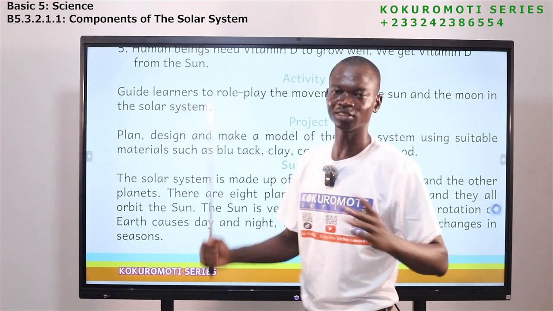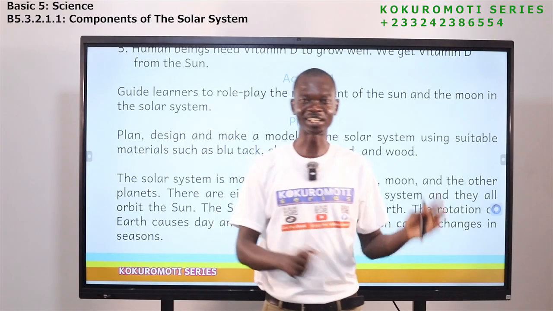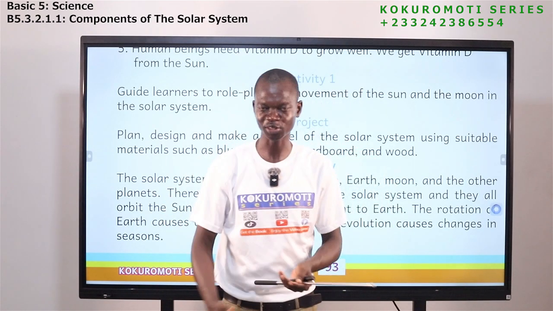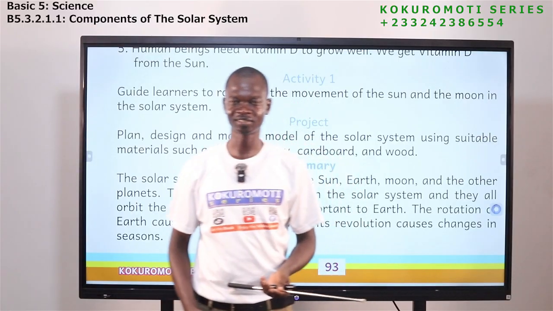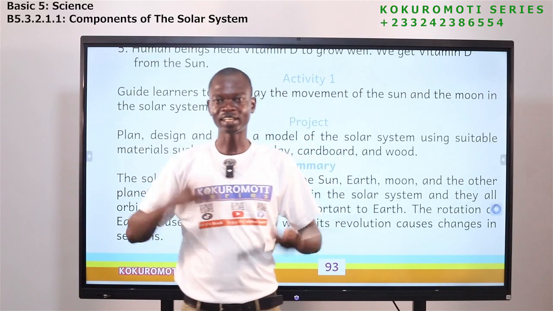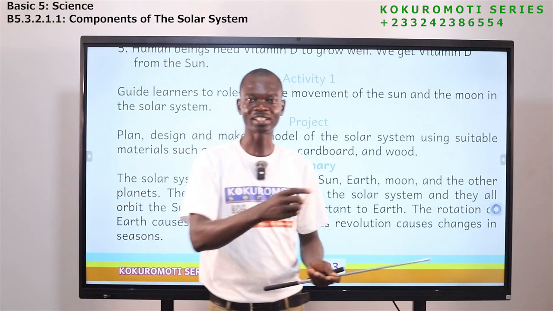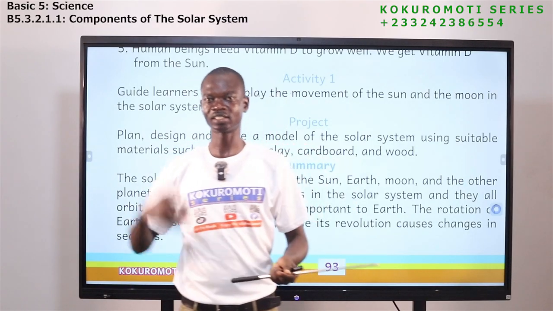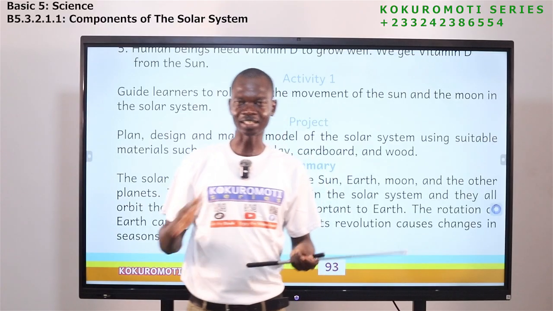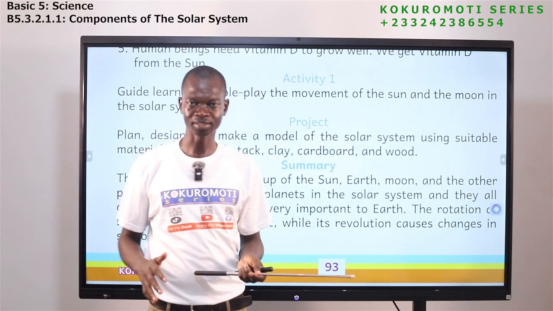So this is all that today we have learned about the solar system, the components of the solar system, which are the sun, the earth, the moon, and other planets. We have learned about other planets: Mercury, Venus, Earth, Mars, Jupiter, Saturn, Uranus, Neptune. We said that Pluto is not considered as a planet.